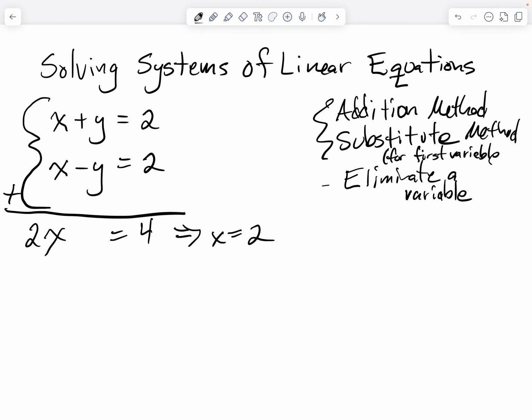Because after that, we always use the substitution method for the second variable, because we're substituting 2 in for x, okay? So plug it into either one. I could say, okay, since x equals 2, therefore, replace x with 2.